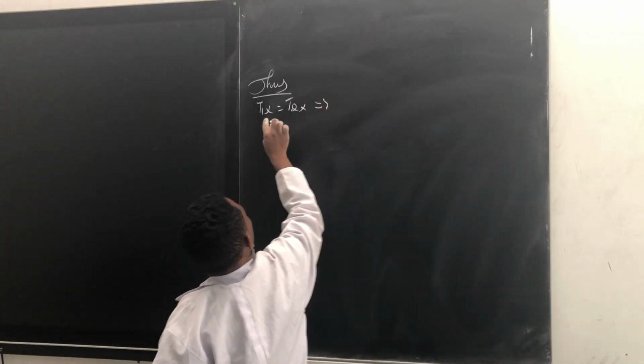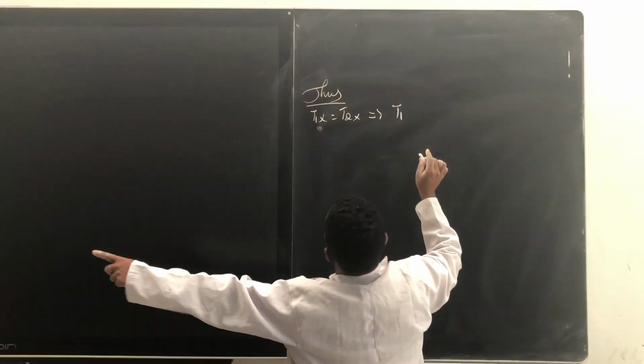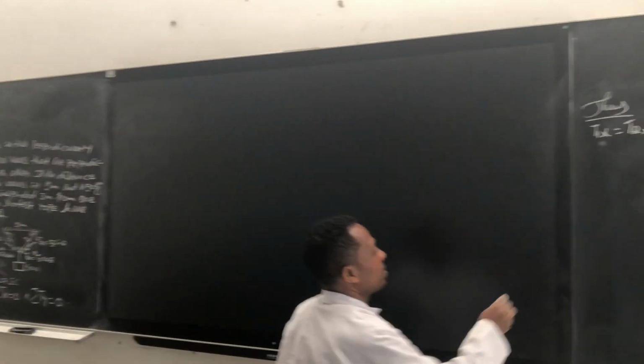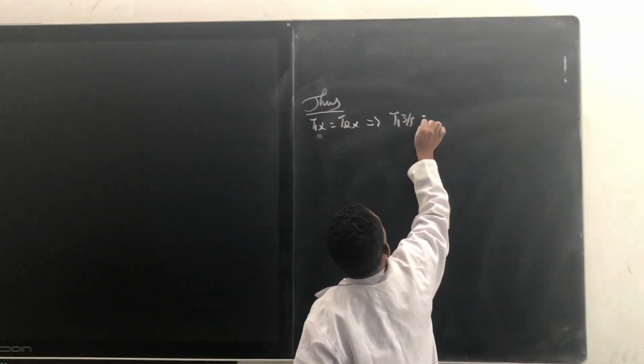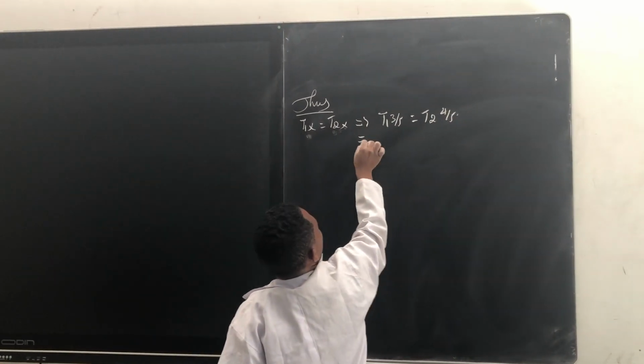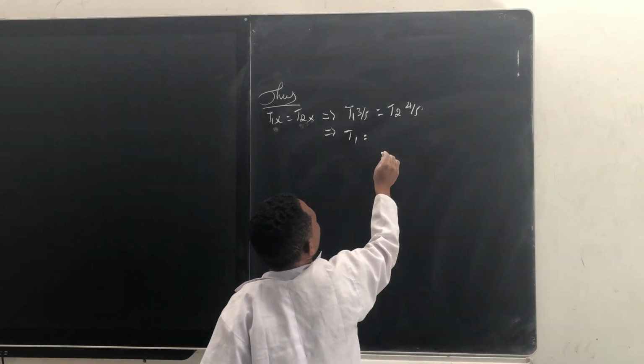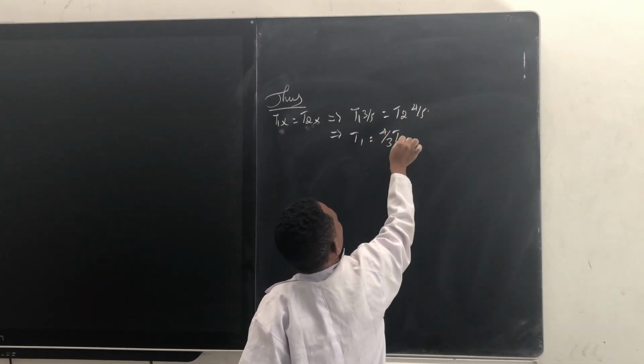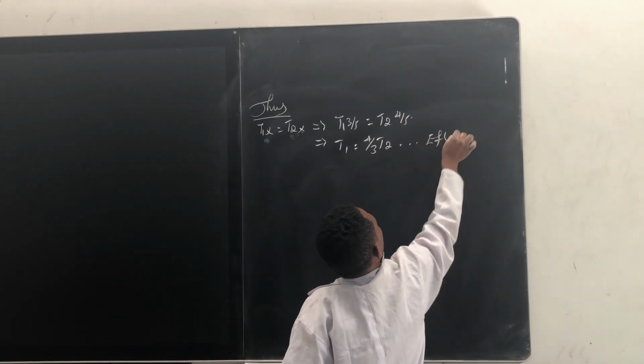This implies T1 cos alpha, but cos alpha is 3 over 5, is equal to T2 times cosine of theta, but cos theta is 4 over 5. From this, T1 becomes 4 over 3 T2. Let this be equation 1.